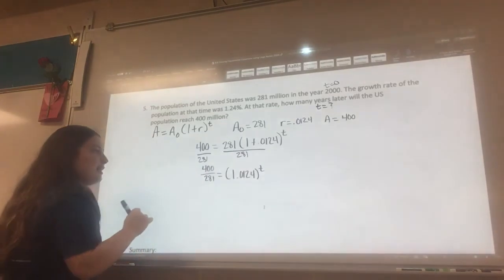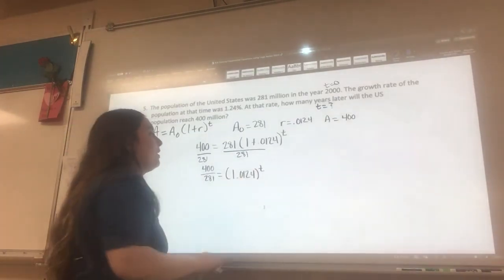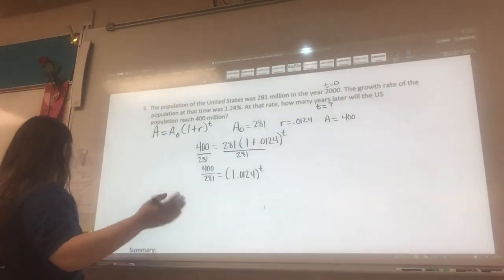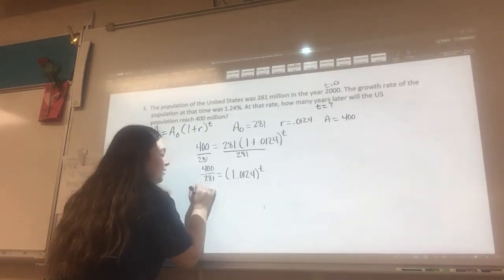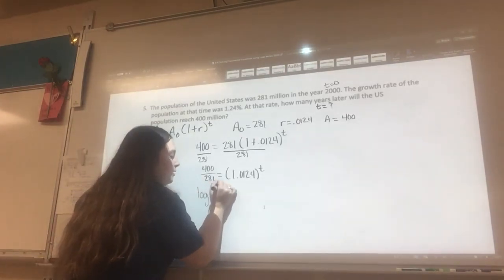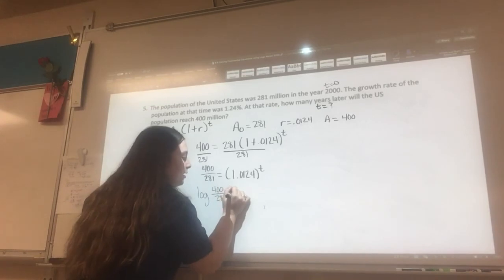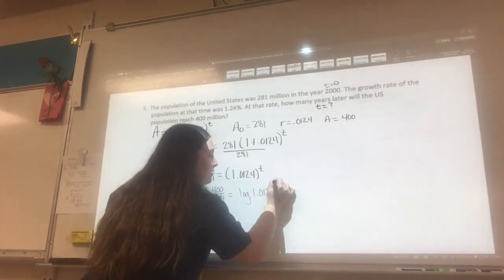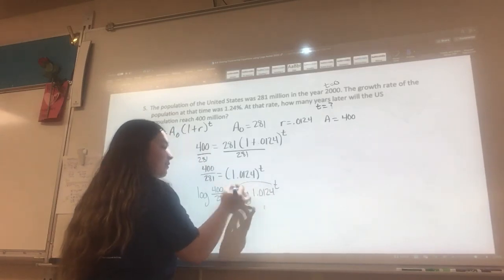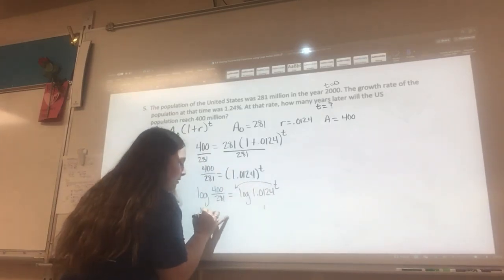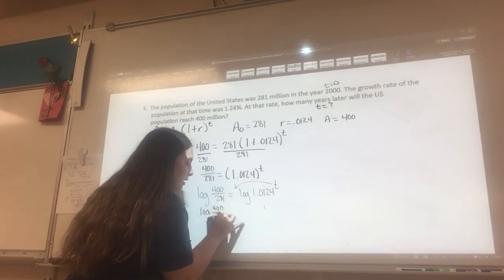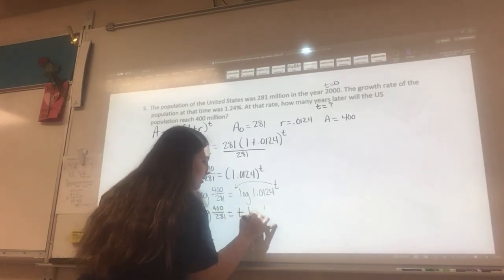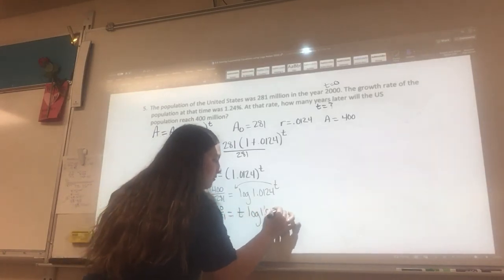And now I can see it is in exponential form, and I'm going to take log of both sides. So I'm going to get log of 400 over 281 equals log of 1.0124 to the t. This means I can transfer my t in front. I'm going to get log of 400 over 281 equal to t times log 1.0124.